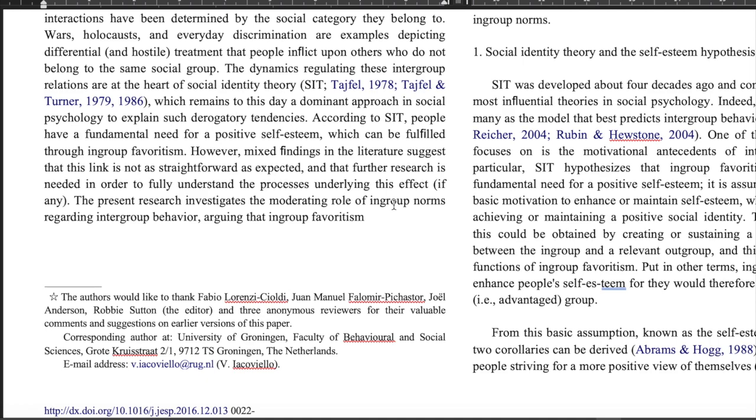Moderation is typically used when there are inconsistent findings in the literature, and so logically, when there is an inconsistent finding for a hypothesis, you would think about why there is an inconsistency.